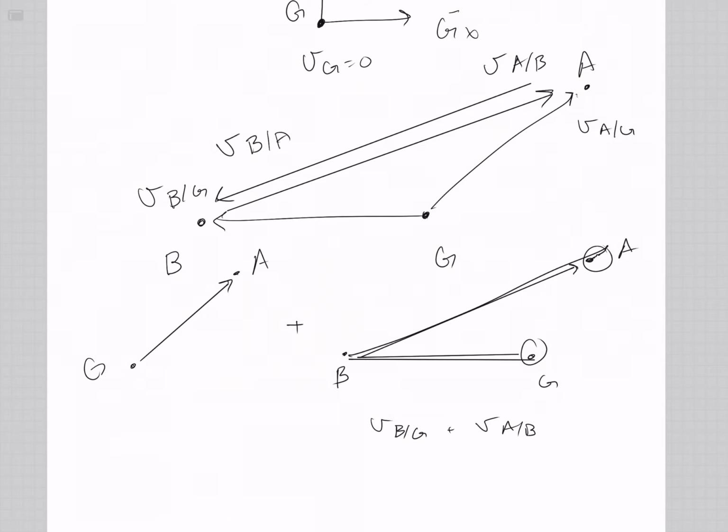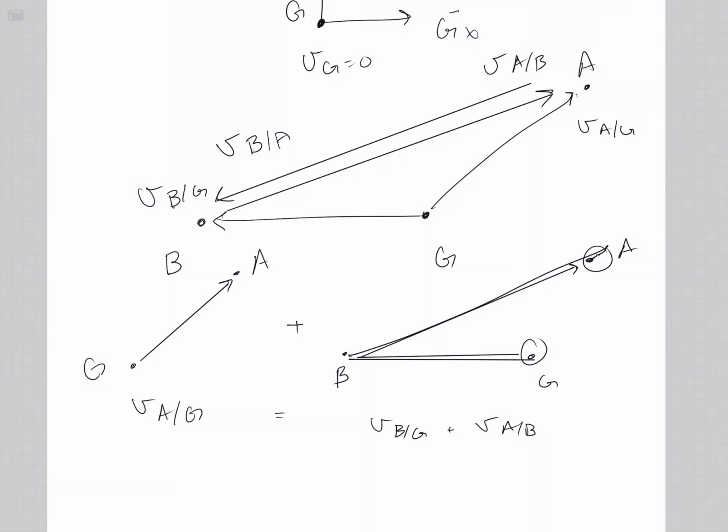So this is G and this is A. And that vector is A with respect to G. And both of these get us from point G to point A. Even though there's an extra step here, it still does the same thing, so that means they're equal.